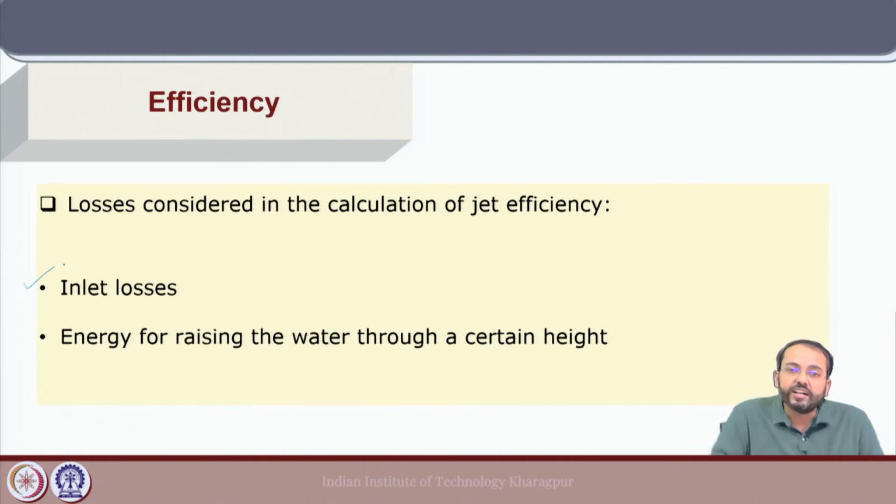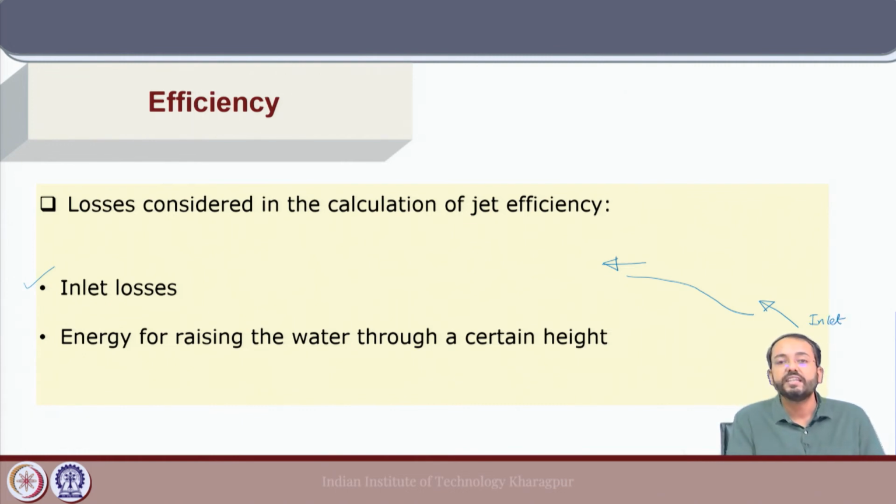The energy required for raising the water through a certain height should be included in the losses of a water jet system. So, for a water jet system, the inlet is located in a region which is at a lower height as compared to the outlet.